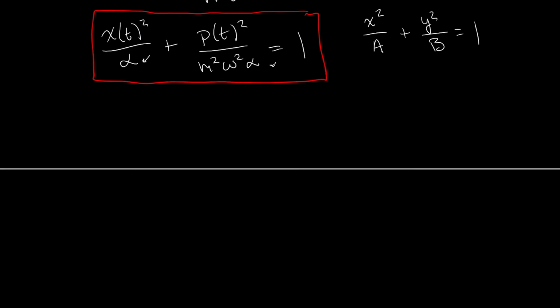So basically, this is pretty simple, but you can see that if I plot this out in phase space, x of t and p of t, and I start a particle at some arbitrary point in phase space, it's going to evolve.